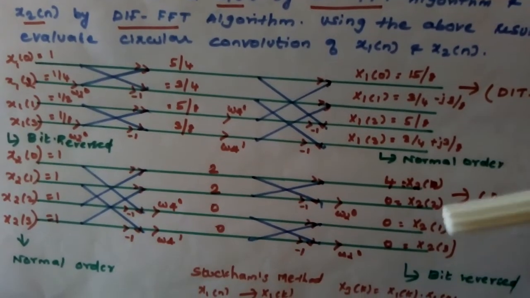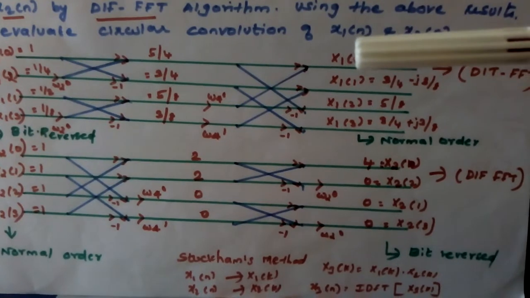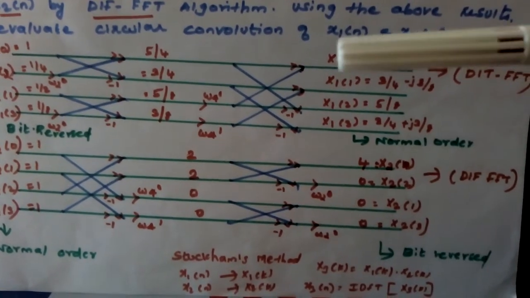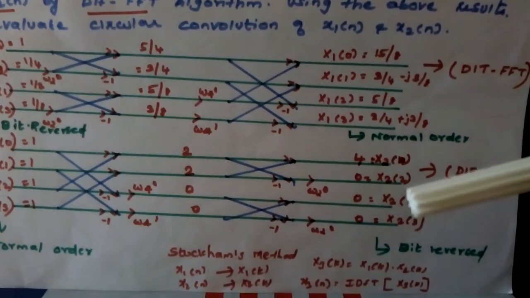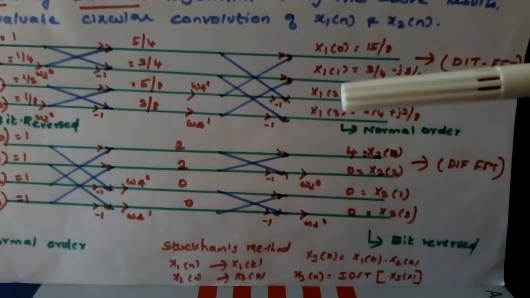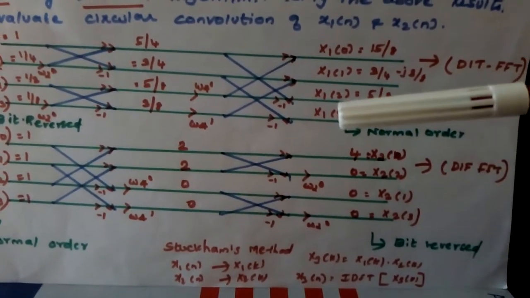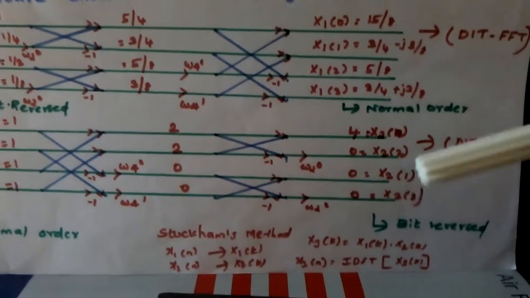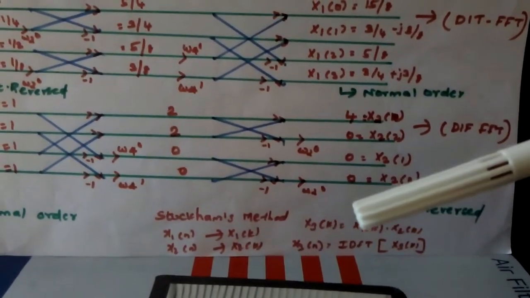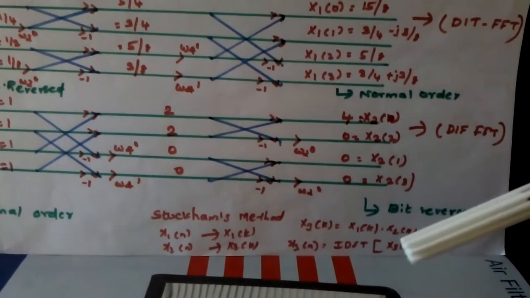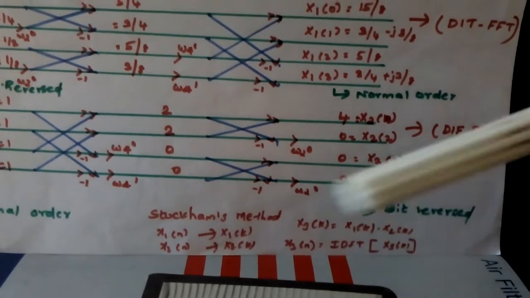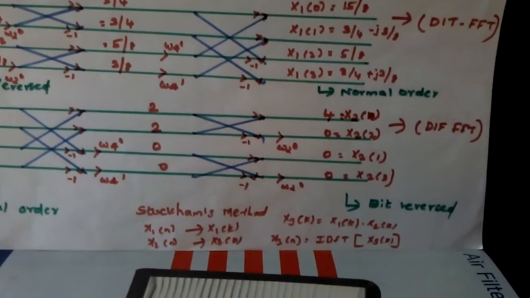So here it will be in bit reversed order. While multiplying, X1 of 0 is multiplied with X2 of 0, X1 of 1 with X2 of 1, X1 of 2 with X2 of 2, and X1 of 3 with X2 of 3. After making the product of these two, we take the inverse of the product sequence, and we'll get the resultant sequence.